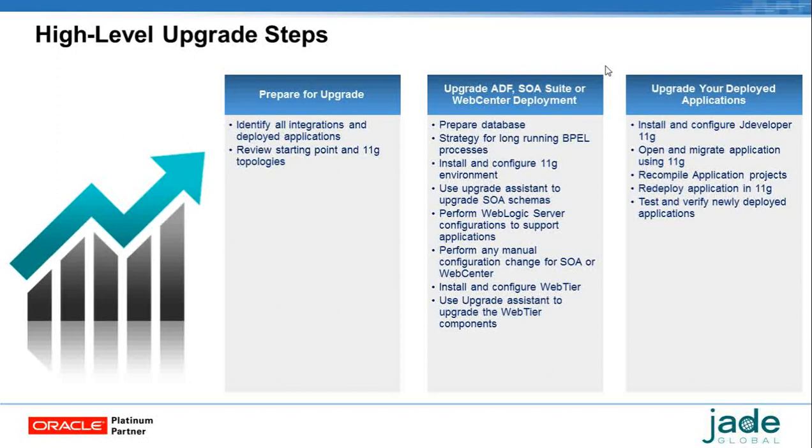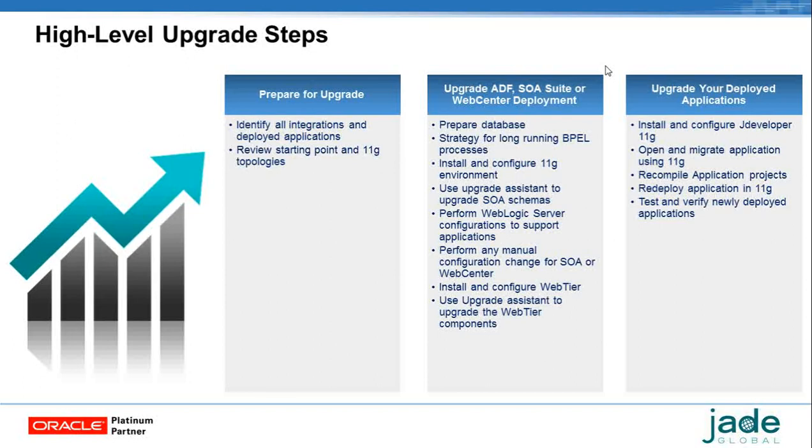Use upgrade assistants to upgrade SOA schema migrations, and perform WebLogic server configurations to support applications. Any manual configuration change required also needs to be considered. So we need to take care of that for our WebCenter, and install and configure the web tiers, and use upgrade assistant to upgrade the web tier components.